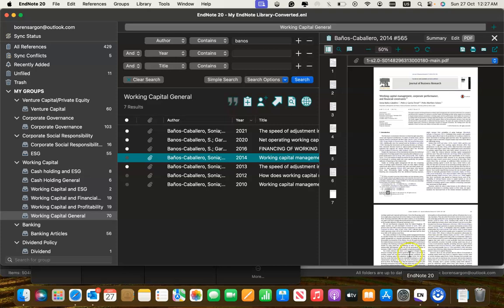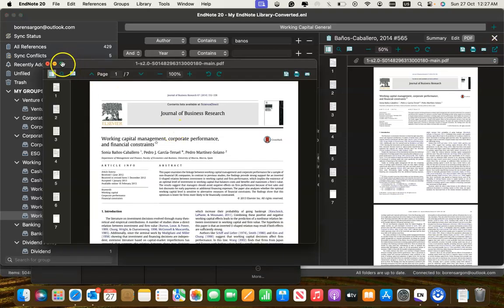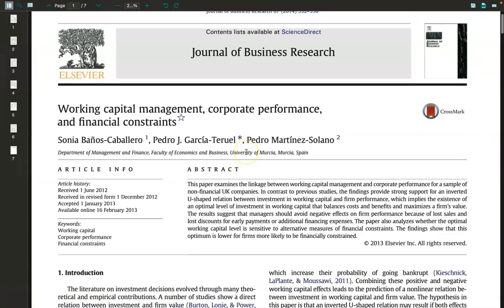So Baños Caballero's paper, published in 2014, can be seen right now: Working Capital Management, Corporate Finance, and Financial Constraints. Now, these authors are among the most influential authors in working capital management, especially the profitability measures and so on and so forth.